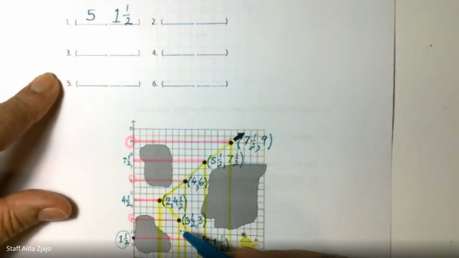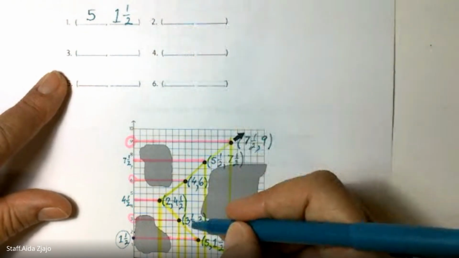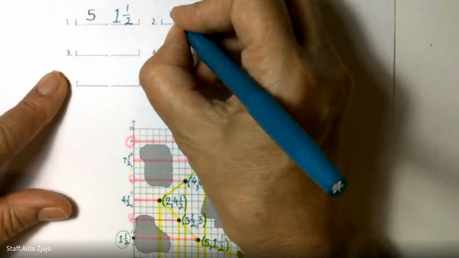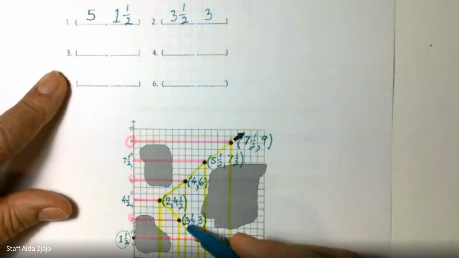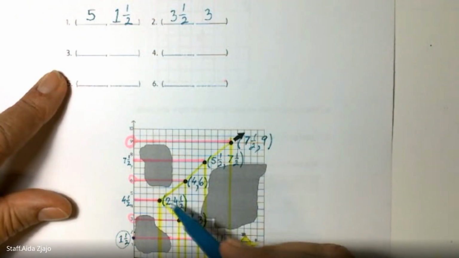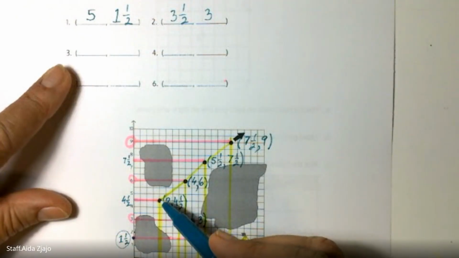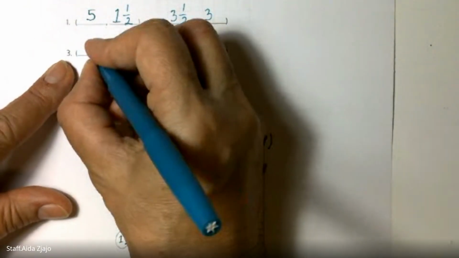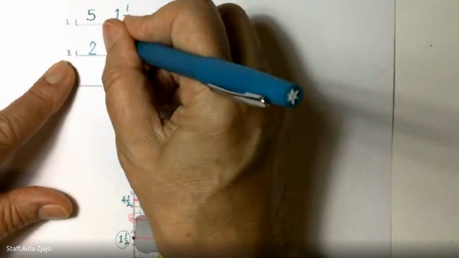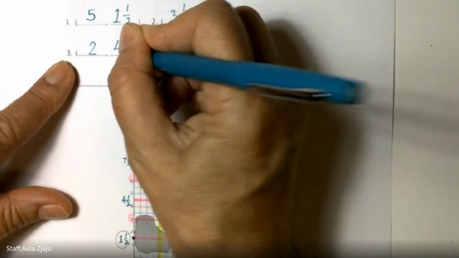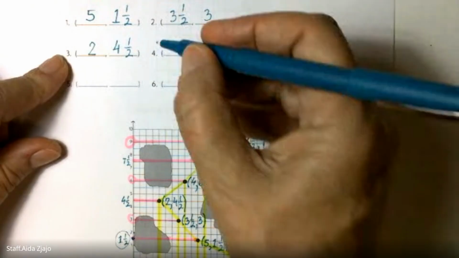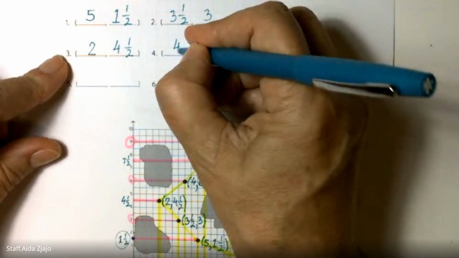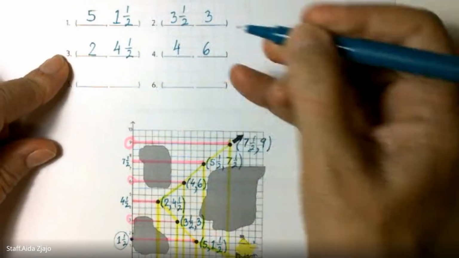Then number 2 is 3.5 and 3. That's 1, 2, 3. Number 3 is x is 2, y is 4.5. Point 4 is 4 and 6.